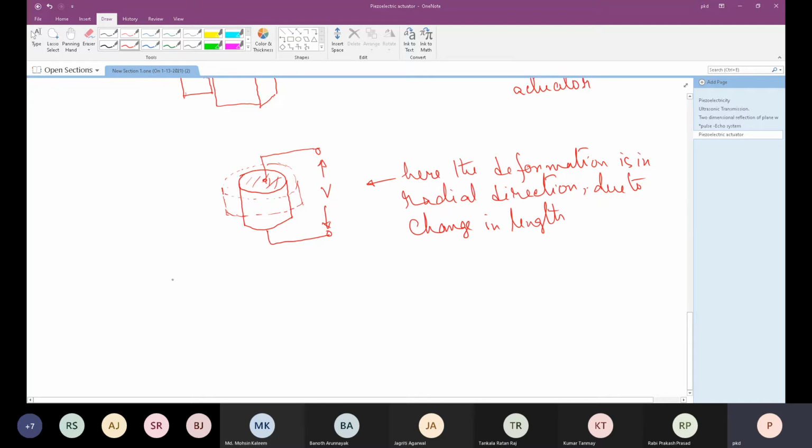However, one of the problems of the piezoelectric actuator is hysteresis. It is a polarization hysteresis.